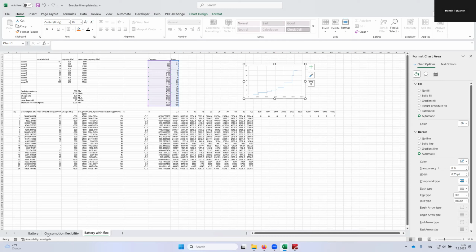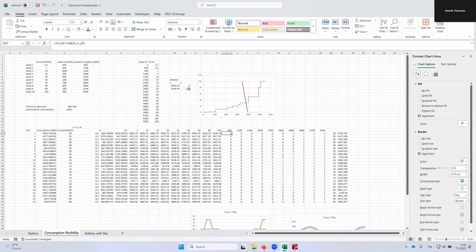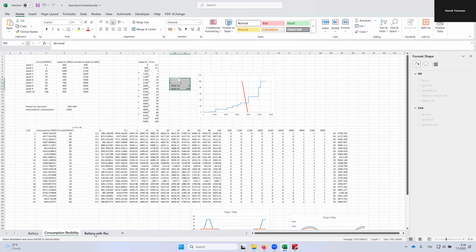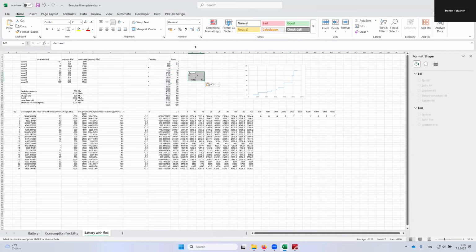And then we can have the consumption flexibility. So let's take the demand in here. So demand at X is going to be this one. And then this one minus 500.